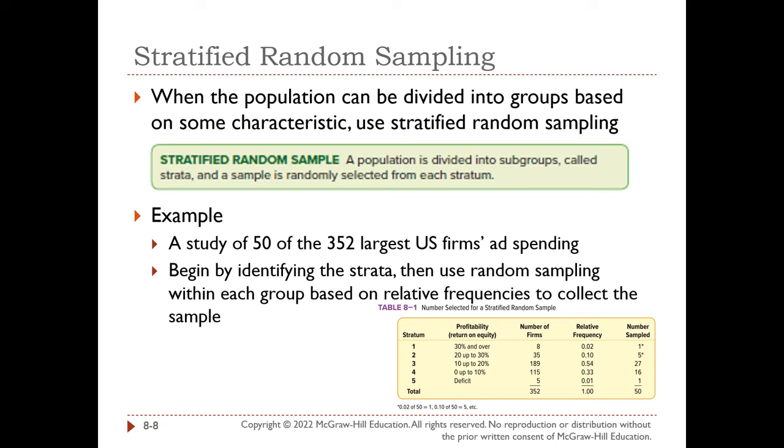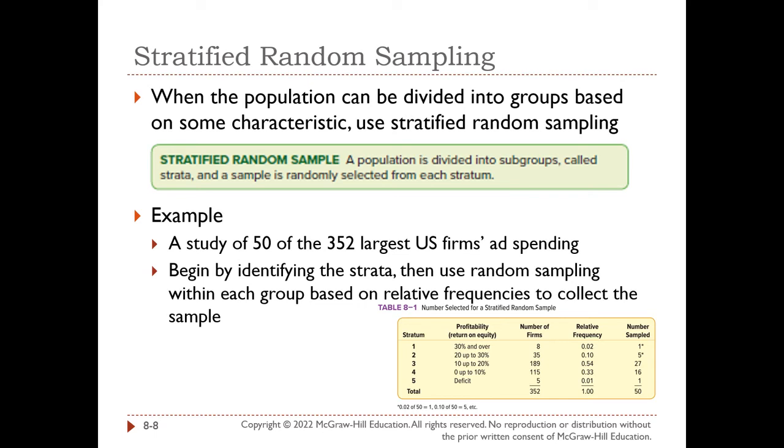So, again, they had 5 strata. They took 30% and over, 20 up to 30, 10 up to 20, 0 up to 10, and a deficit. They found the number of firms, and then they basically randomly sampled.